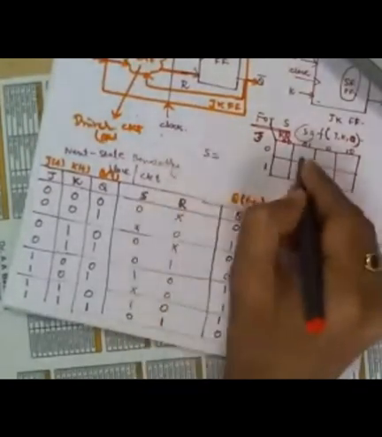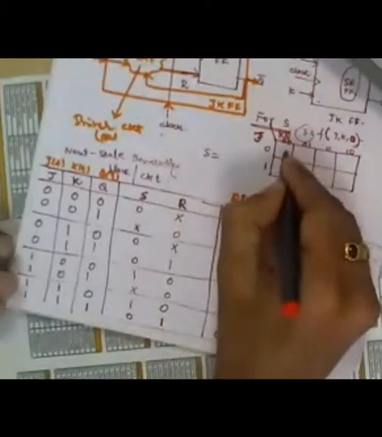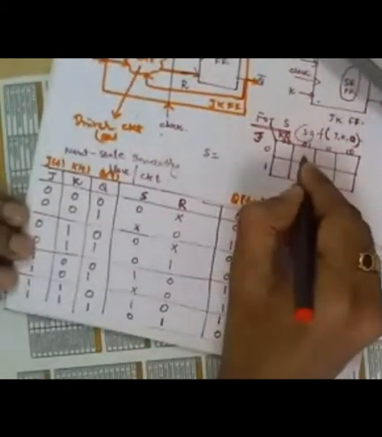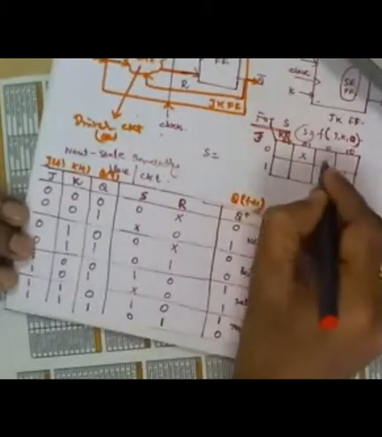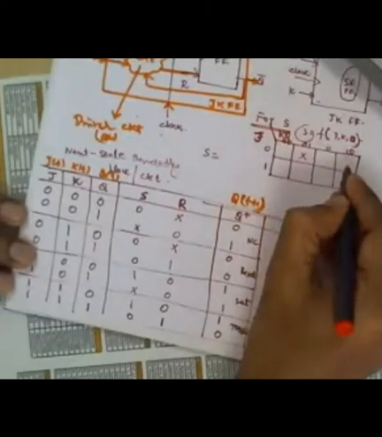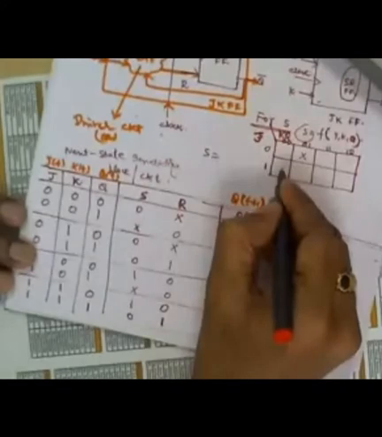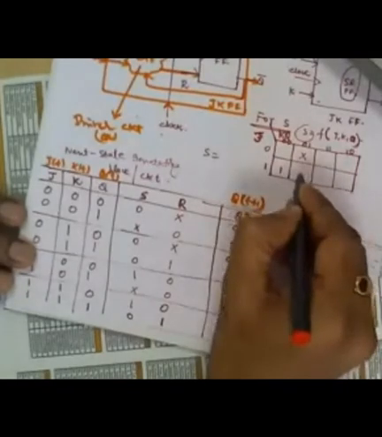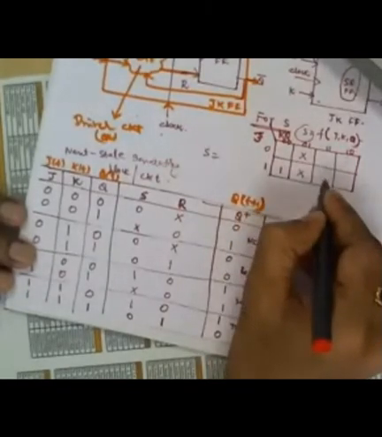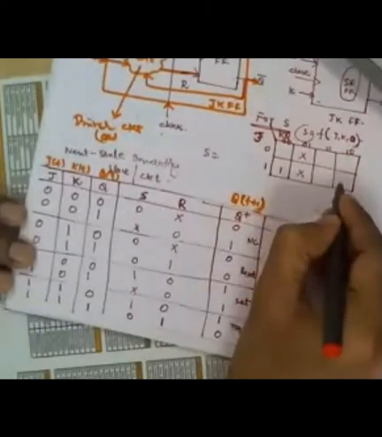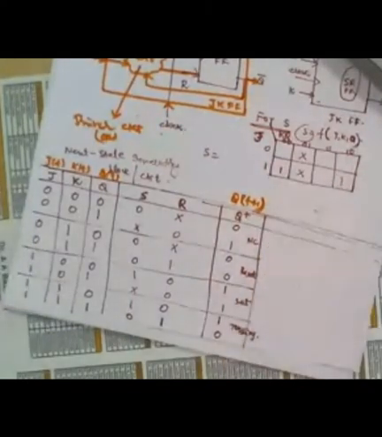S is equal to what here? 0. Don't care. 0. 1. Don't care. 0. 1. 1. So you group them then.